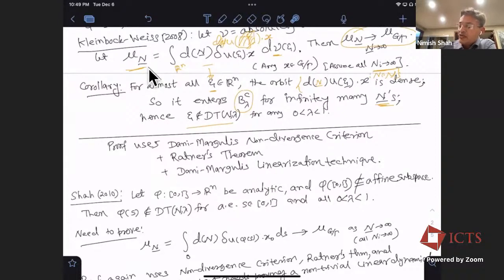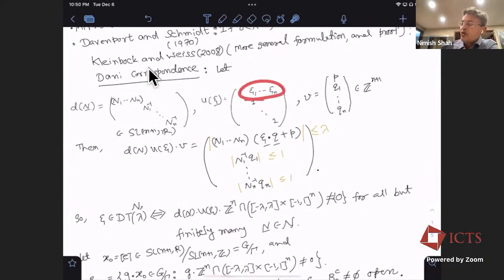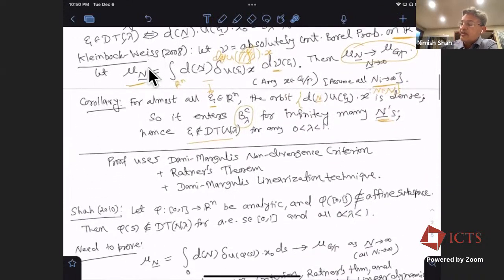Once you verify that criterion, you can show that by passing to a subsequence, these measures will converge to some measure. And because these are expanding horospheres using this diagonal flow, the limit measure is invariant under the entire unipotent group. You put all possible Rn here, and the measure will be invariant under the entire thing.